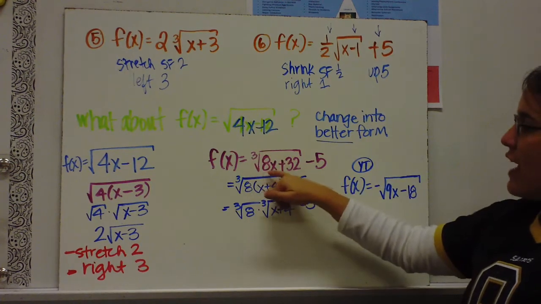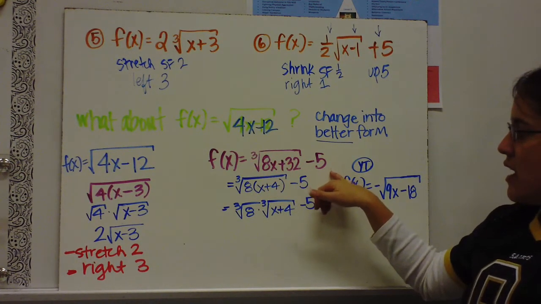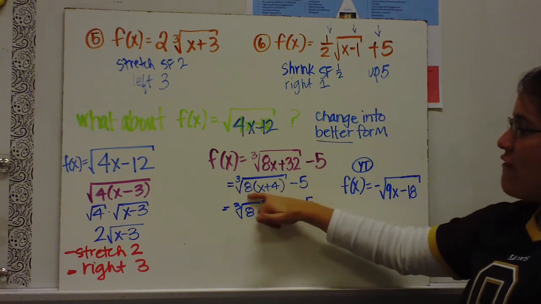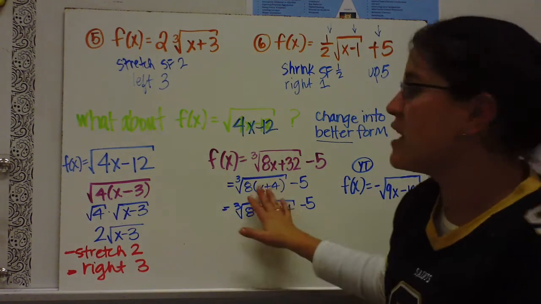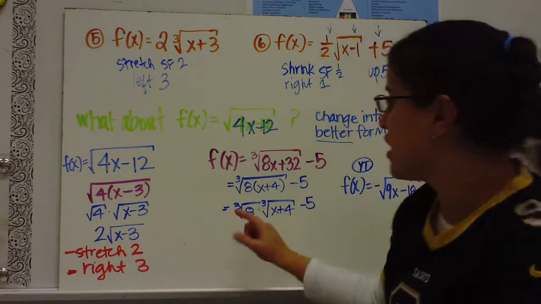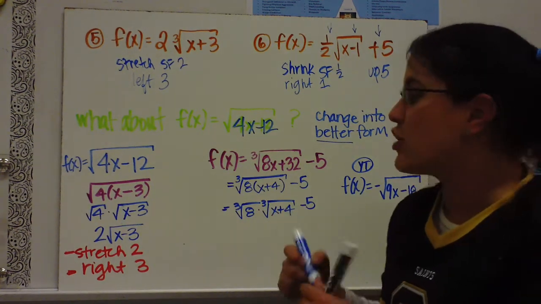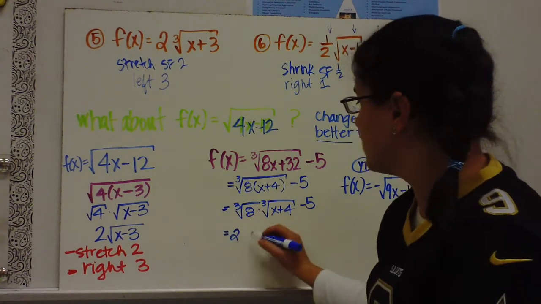The cube root of 8x plus 32 minus 5. So I know that this minus 5 means it's going to go 5 down. I factored out an 8, so I have x plus 4. Then I broke it up into two factors, the cube root of 8 and the cube root of x plus 4. The cube root of 8 is, funny enough, 2.